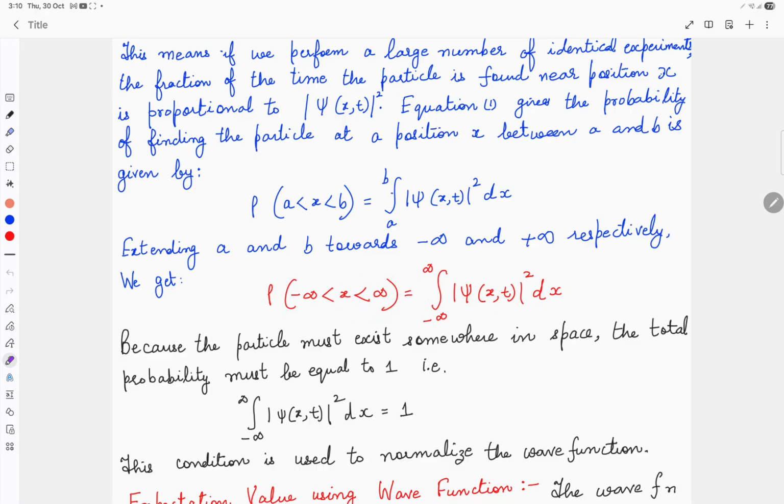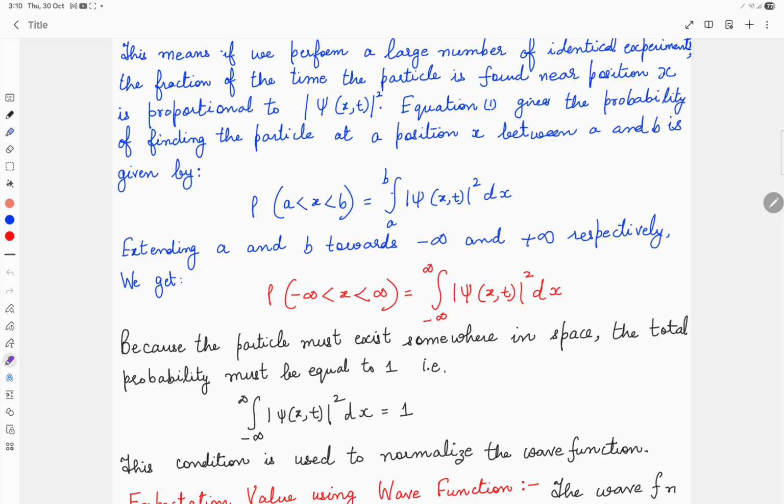What does this equation tell us? It tells us that the particle must exist somewhere in space. If the particle is there somewhere in this space, then the probability of finding the particle is 1. So the output of this integration will be equal to 1, because it is certain that the particle exists.